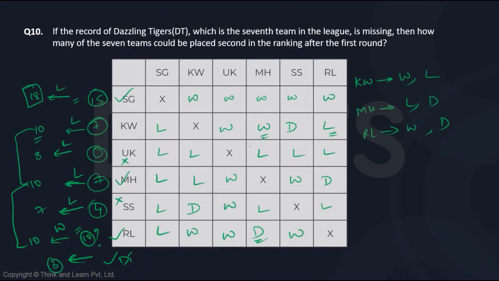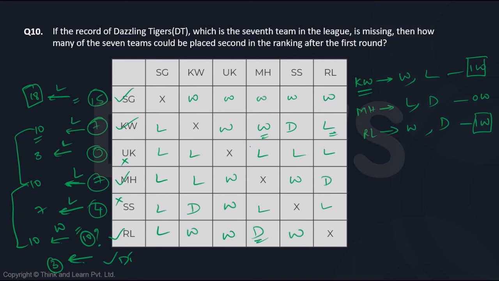Only the maximum number of wins is taken into account. So you can see this is 1 win, this is 0 wins, and this is 1 win again. So we have win and win. Now, if there is a tie in the number of wins, then it will be the goal difference. So therefore, KW can win using the goal difference against RL. So KW can come second.